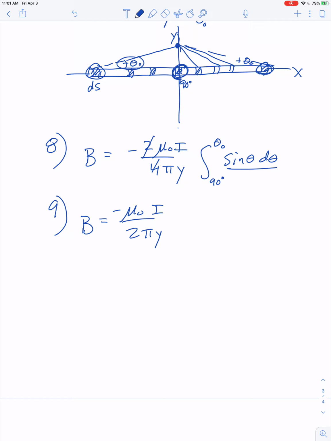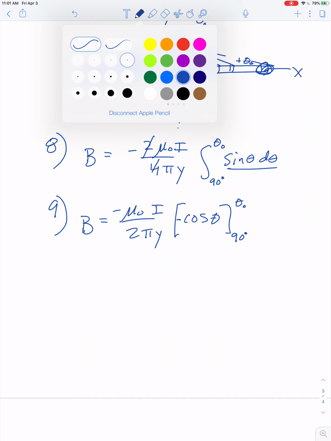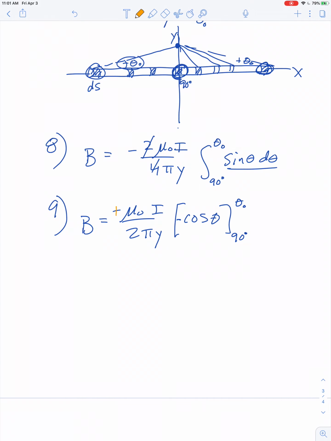The integral of sine is negative cosine, excuse me. So negative cosine theta evaluated from 90 degrees to theta naught. And then I can cancel the negatives, change that one to positive and that one to positive.